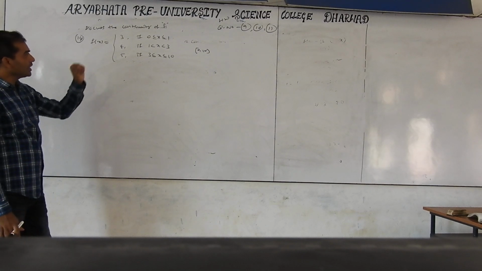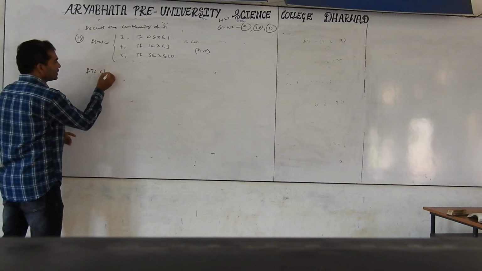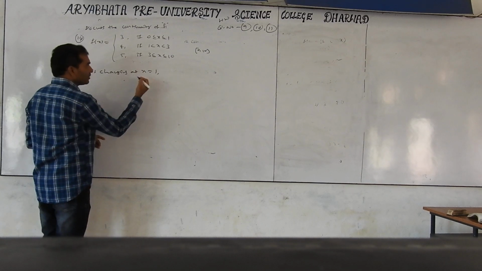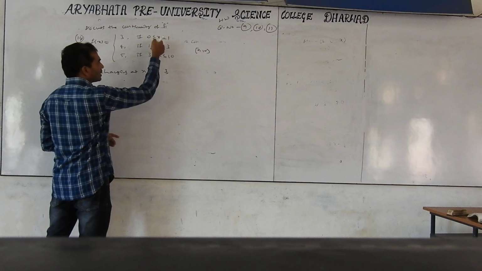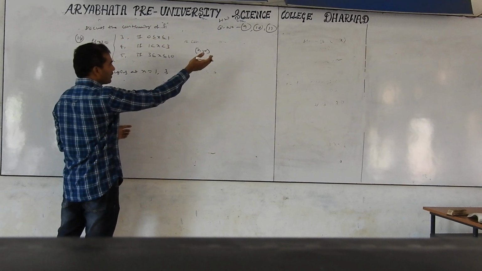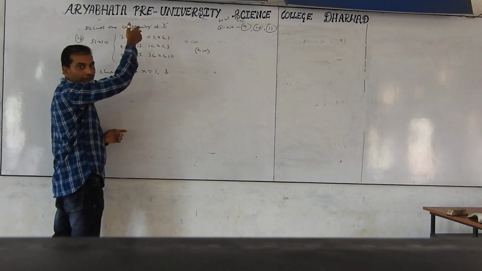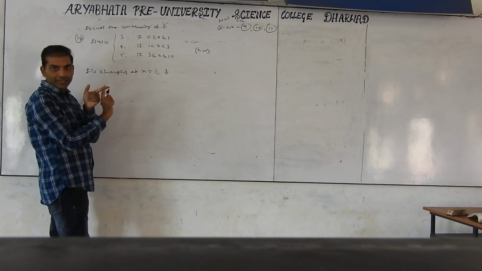First, tell me, at what point is it changing? F is changing at x equal to 1 and 3, this much only. Not 10, not 0. Why? Because above 10 is not given and below 0 is not given. Changing means right and left should be different.